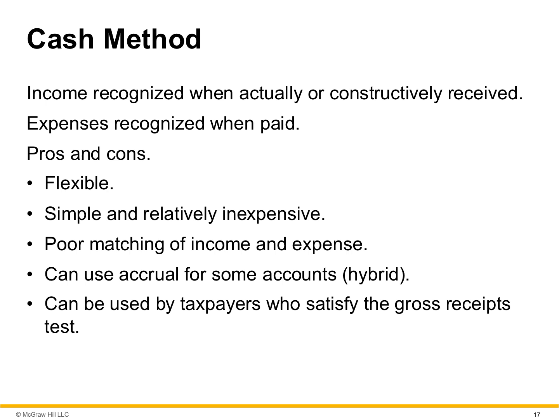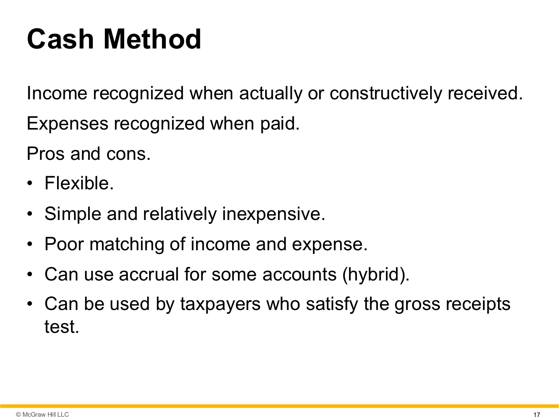There are pros and cons to both methods, so we'll talk about each of those. For the cash method, some pros for adopting it are: it is flexible, it is simpler to use, and it's relatively inexpensive.